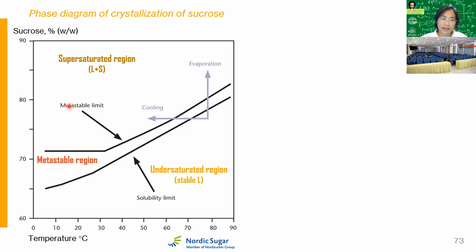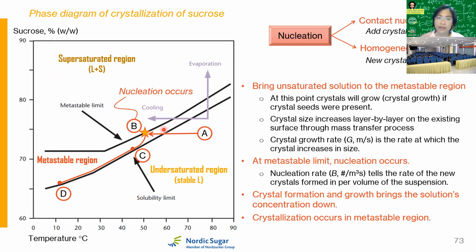We also have what's called the metastable limit. After this point, you have a supersaturated region, like 100%. In the region between the solubility limit and the metastable limit, no crystal forms. You have saturated your solution, but no crystal forms yet.